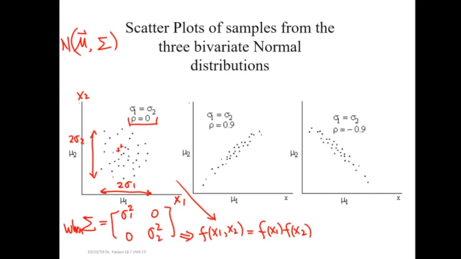From data, I need to estimate mu 1 to mu p, and I also need to estimate sigma 1 to sigma p.